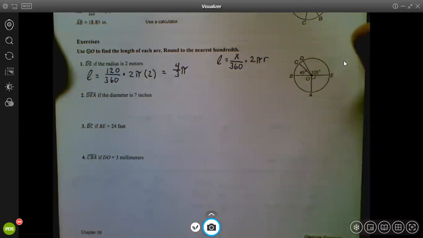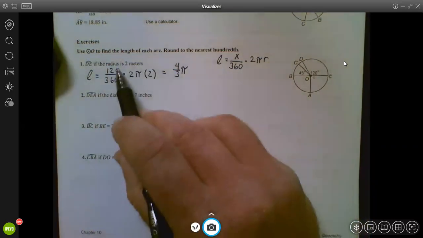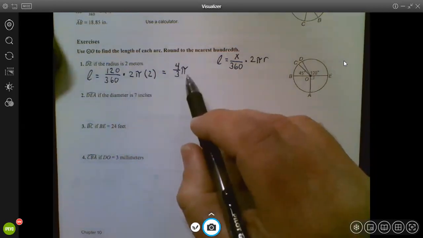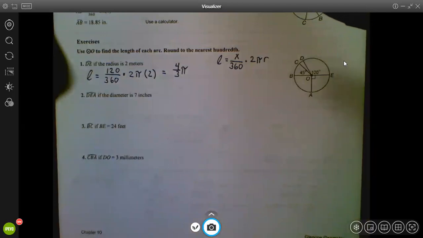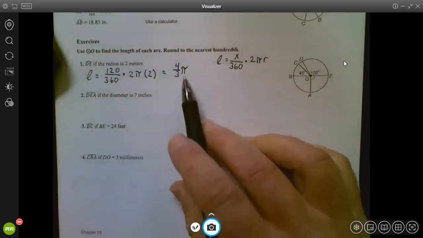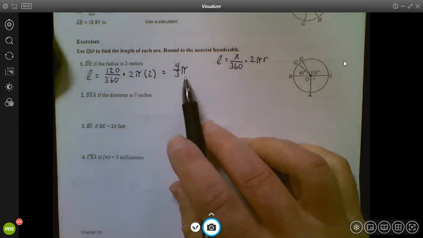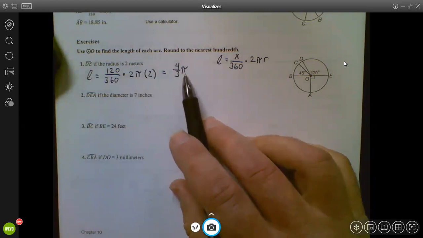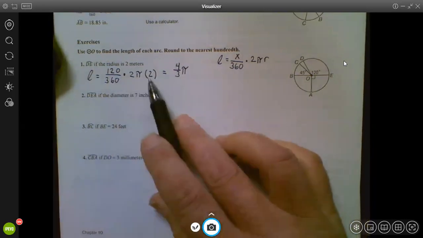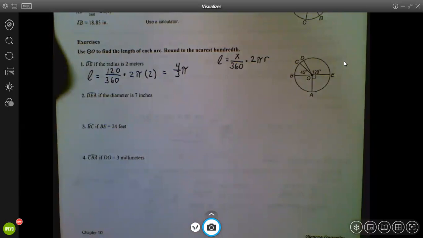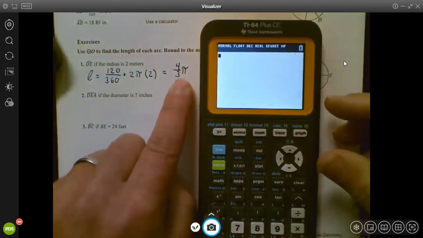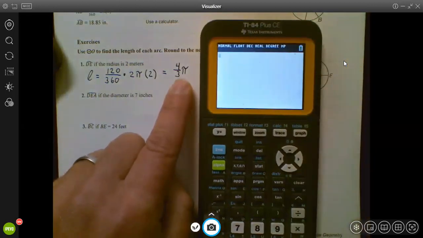In order to leave this as an exact number, I would have to leave it in terms of pi, because pi is never an exact number. If I were to multiply all this together in my calculator, it's going to be a decimal that goes on forever. So if they ever say, leave your answer in terms of pi, this is the way you want to leave it. You leave pi as pi.